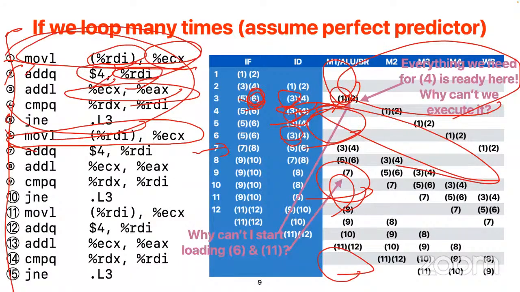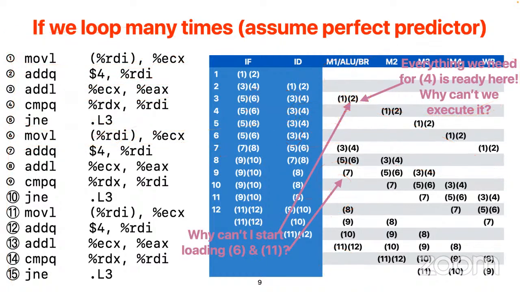With data forwarding, theoretically, the cycle after instruction 2 has finished its job, you should be able to get an up-to-date value of RDI, which should allow instruction 6 to start here. Agree? However, we cannot, because we have to execute instructions in order for now.